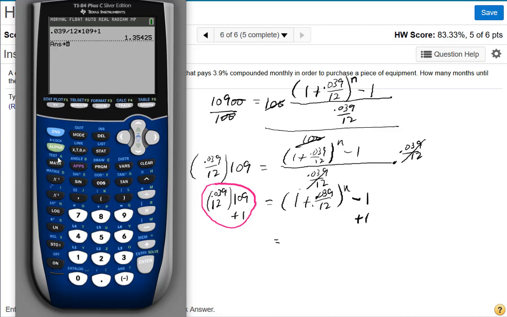We'll just use the A on our keypad. We're going to do the calculation here and store that. So using our calculator, we've got 1 plus 0.039 divided by 12, which we will store in letter B.